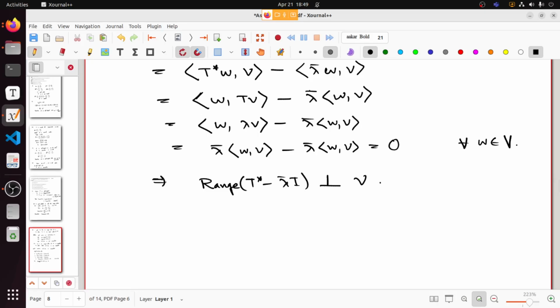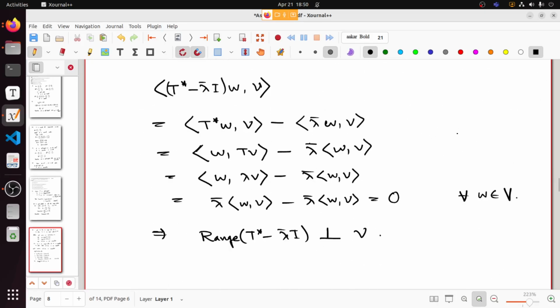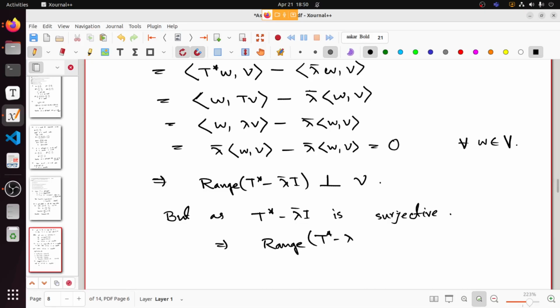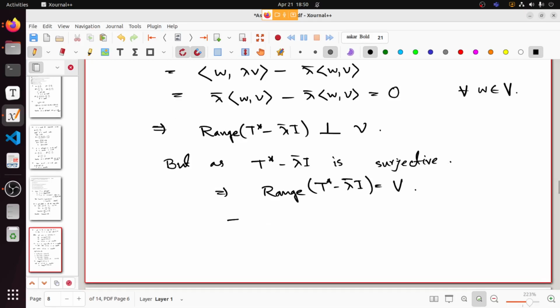But we have assumed that T star minus lambda bar I is surjective, right? So it means the range is the whole space. As T star minus lambda bar I is surjective, the range of T star minus lambda bar I is the whole space V. So V is perpendicular to the whole space, which implies V should be 0.